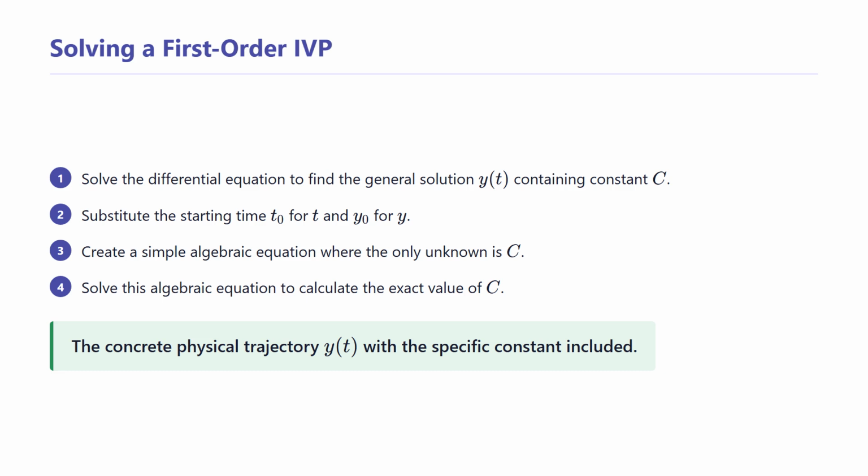Because it creates a simple algebraic equation where the only unknown left is that constant c. We then solve for c. Finally, we plug that specific value back into our general solution. This final answer represents the unique, concrete physical trajectory of our system, completely free of any unknown variables.